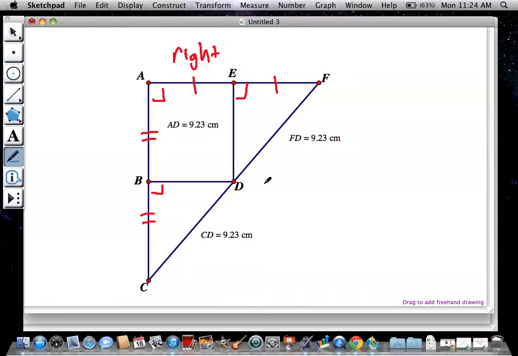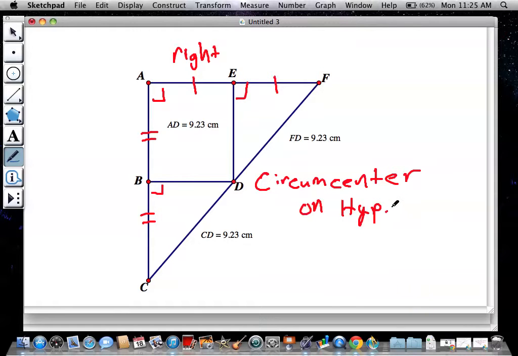So for a right triangle, 90 degrees here, the circumcenter is located on the hypotenuse.